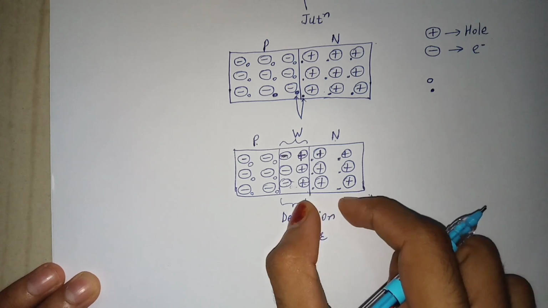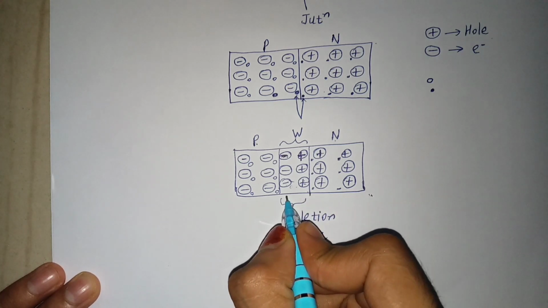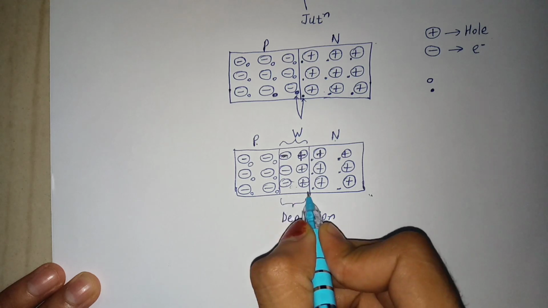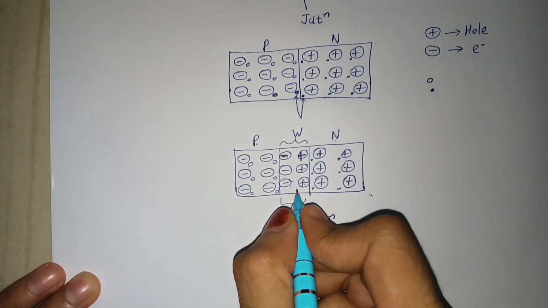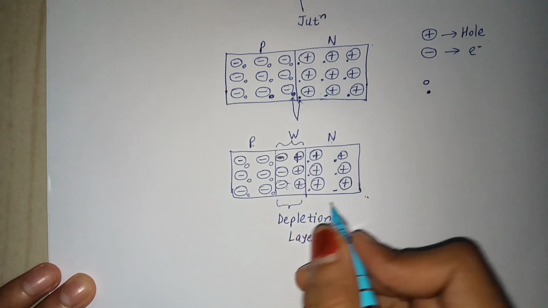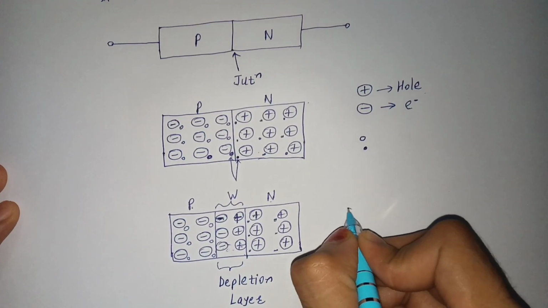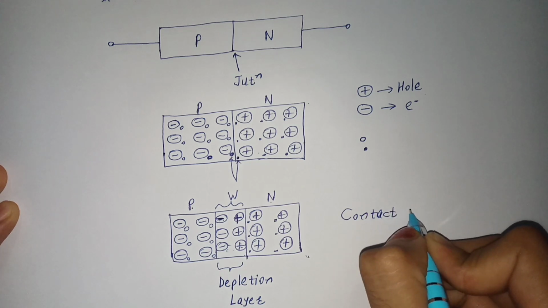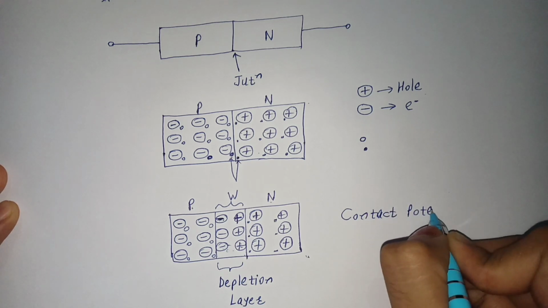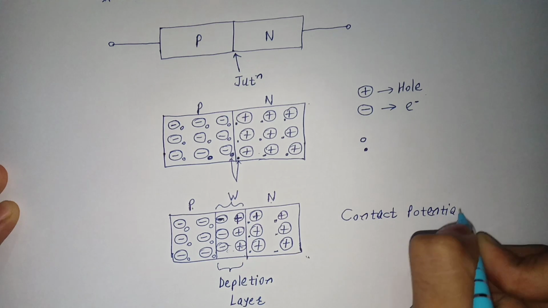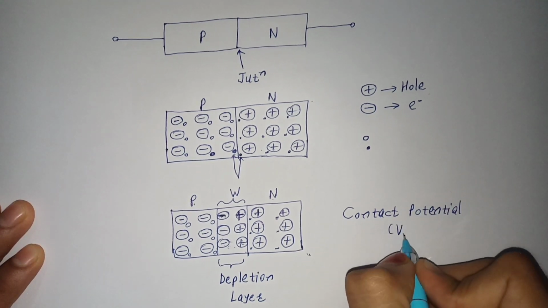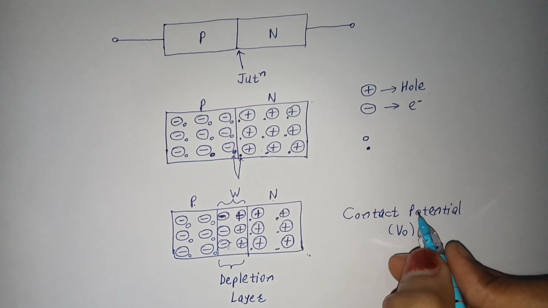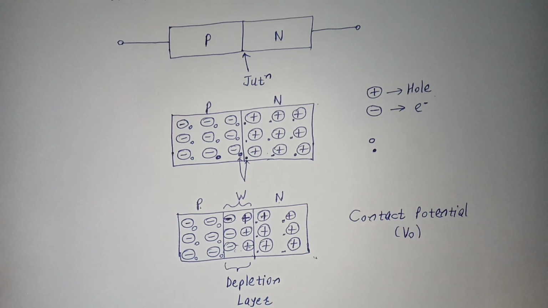Due to this electric field, potential is developed across the junction, which is called the contact potential. Contact potential is denoted by V naught.